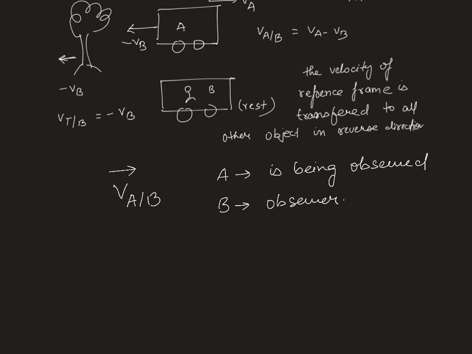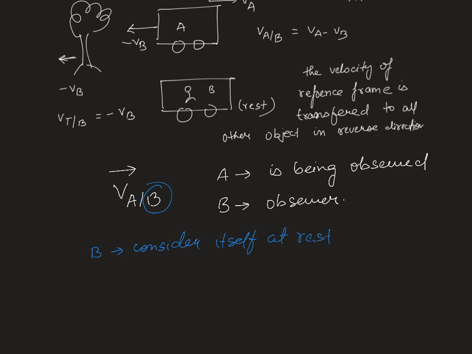So the second term out here, this one is always the observer. And we know from rule number 2 that observer is always at rest. So B will consider itself at rest.